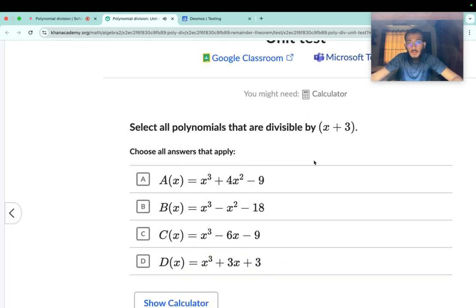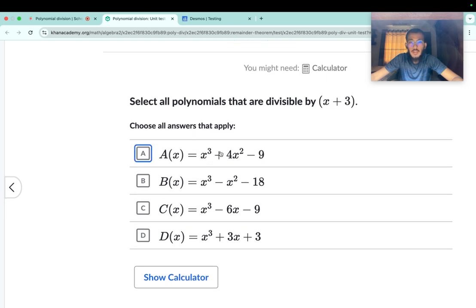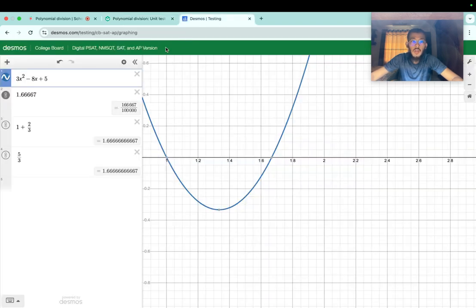Select all the polynomials that are divisible by x plus 3. So we have to plug in negative 3 and see whether the remainder is 0 or not.